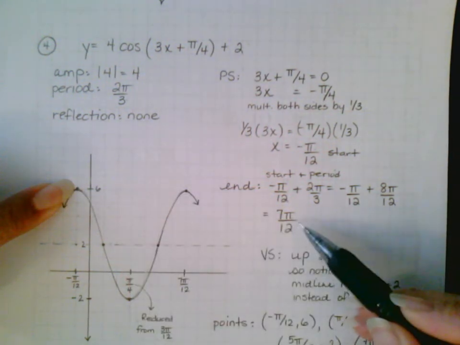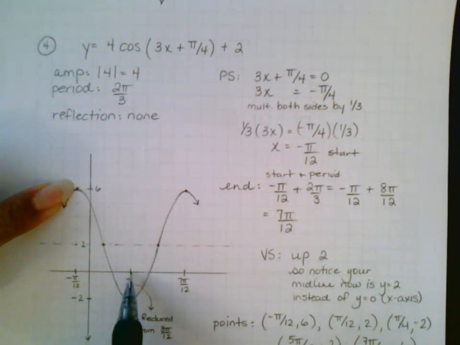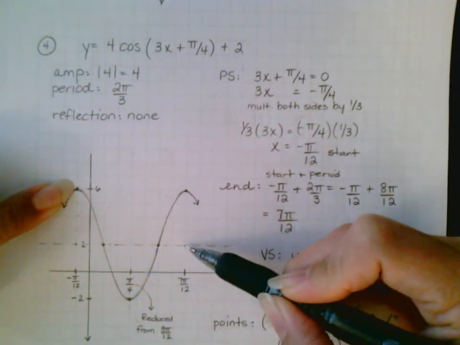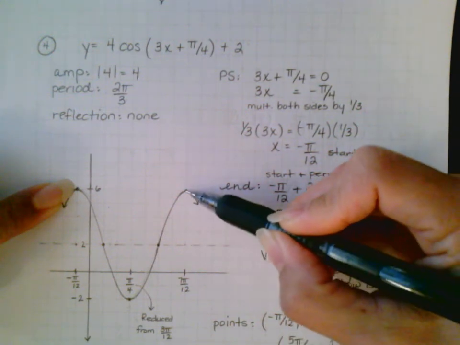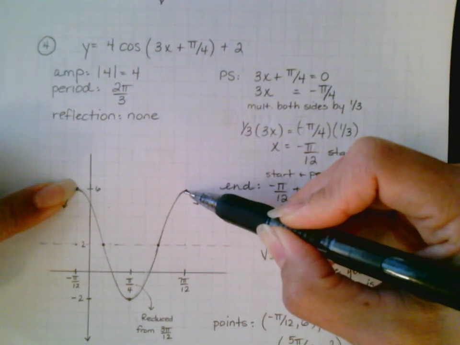And then my ending is 7 pi over 12, so I'm counting by 1/12, so it's going to be 1, 2, 3, 4, 5, 6, 7/12. Remember, I'm starting here instead because this is my new x-axis, and I need to go up 4 for my amp value. So here and here, find the halfway point.